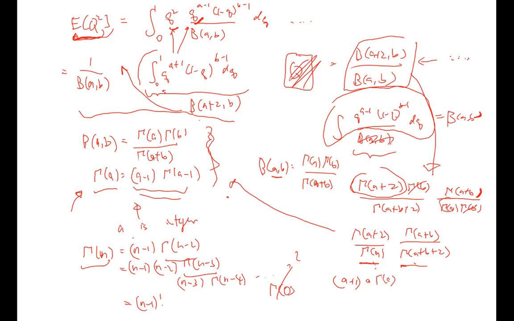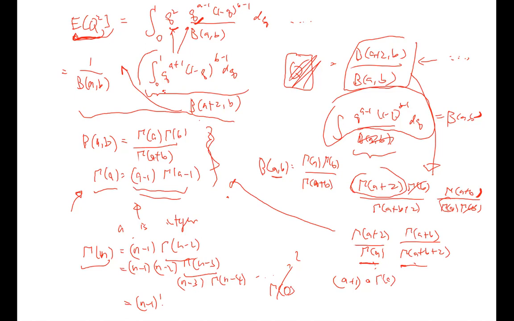Then you get something cancelling, and that's a pretty nice form. There's no special function, no gamma anymore. It's just a division of two polynomials.